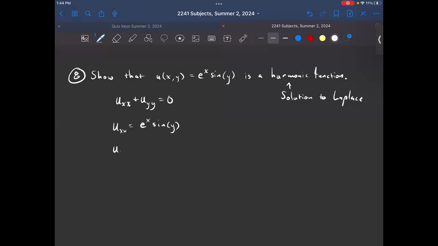And then same thing here, u_yy. I take the derivative of sine y with respect to y twice. And I know that's just going to introduce a single minus sign, because I'll cycle to cosine and then I'll cycle back to minus sine. All right, and now I can see that if I add these up, I get 0. So I have exactly what I want, that this is a solution to Laplace's equation.